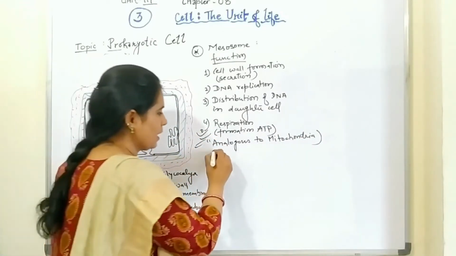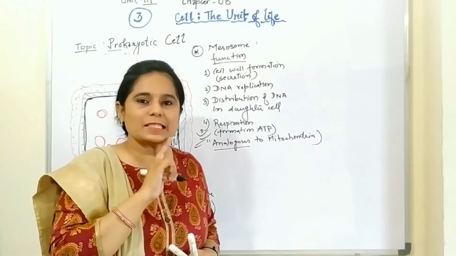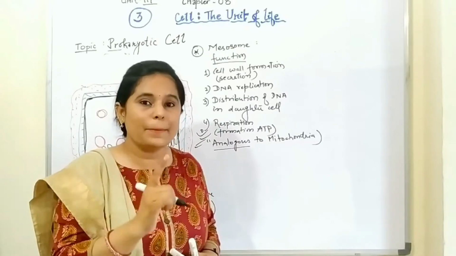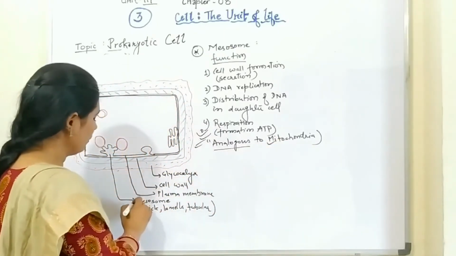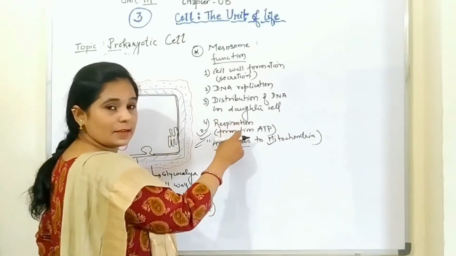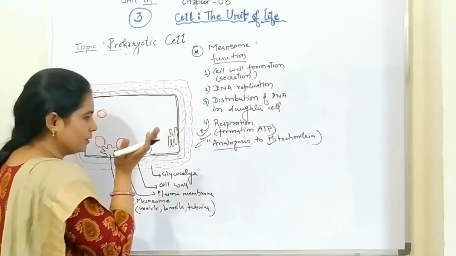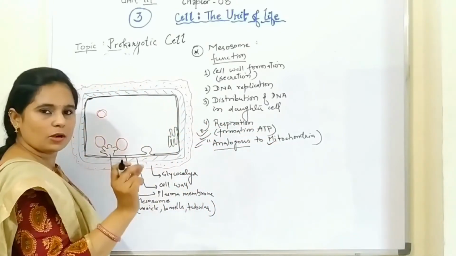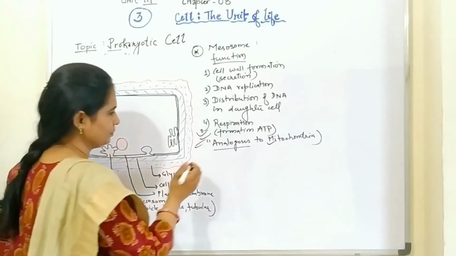Why analogous? Analogous मतलब आपको पता है, the structures which are not having same internal structure but same function. Same way, mitochondria और mesosome का structure same नहीं है, but their function is same. What is their function? Formation of ATP. So you will say that this mesosome is analogous to mitochondria of prokaryotic cell.